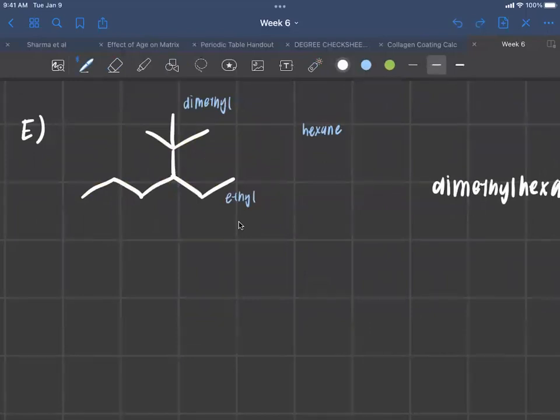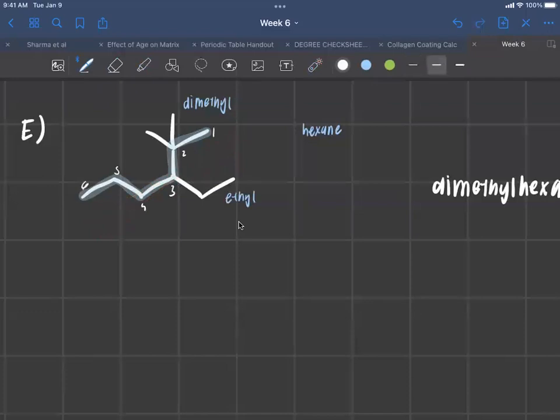So if you caught that mistake, good job. Again, our parent chain is still the same. It's going to be this one right here, but instead of numbering it from the bottom to the top, we're going from the top to the bottom. So we have 1, 2, 3, 4, 5, 6. So that's the correct numbering now.